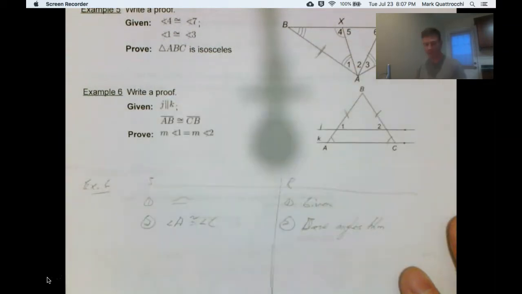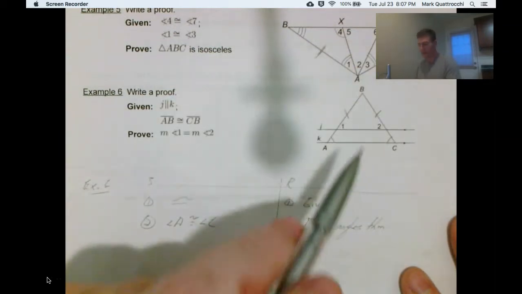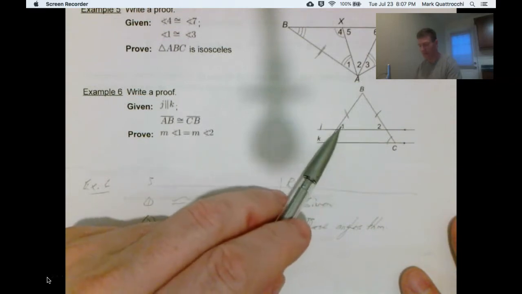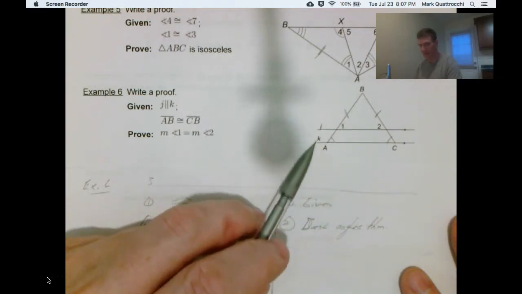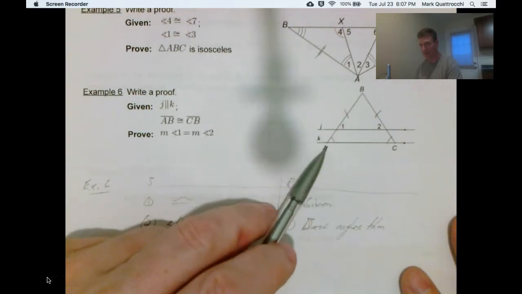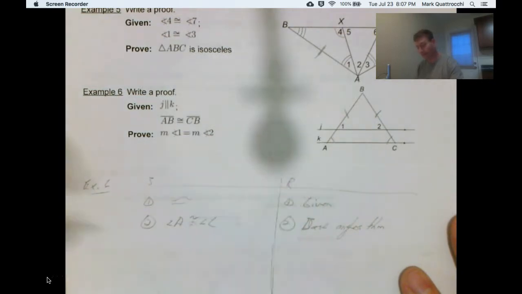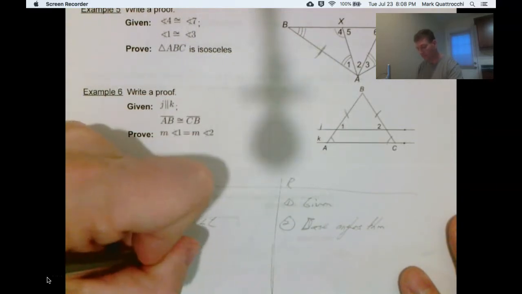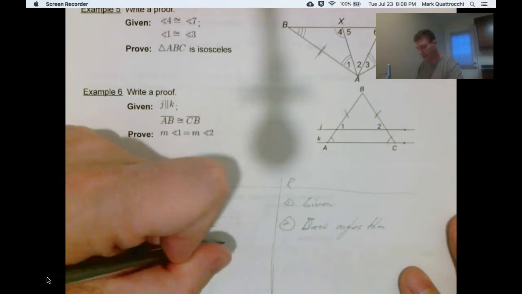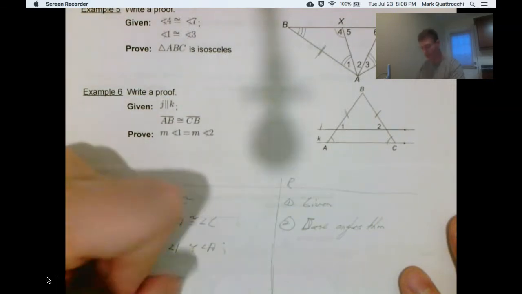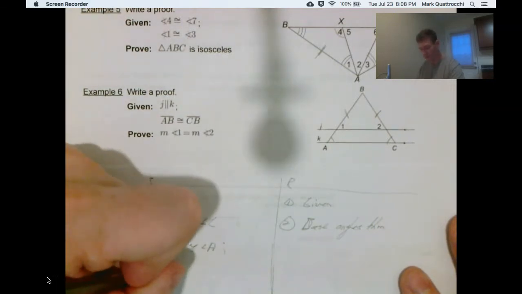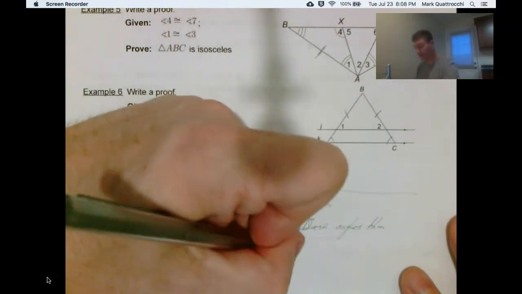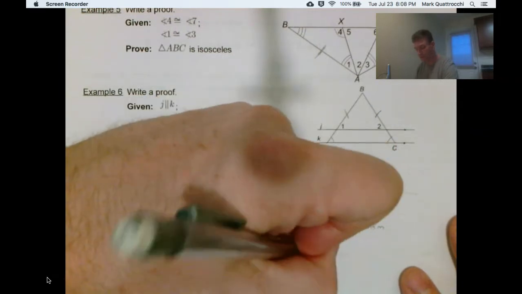Since angle A is here and angle 1 is here, and line J is parallel to line K, angle 1 has to be congruent to angle A. Angle 1 congruent to angle A. Also, angle 2 congruent to angle C for the same reason, and that reason is corresponding angles theorem.